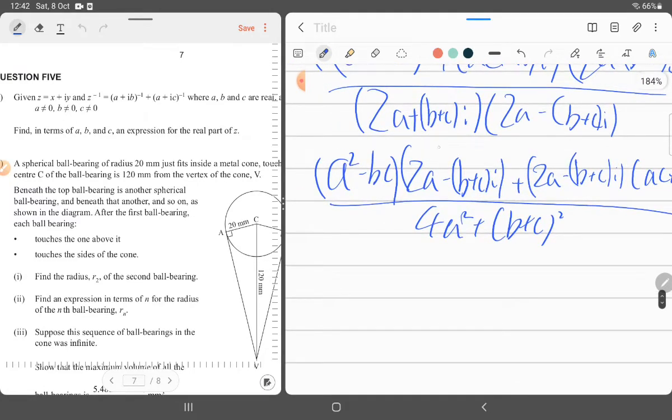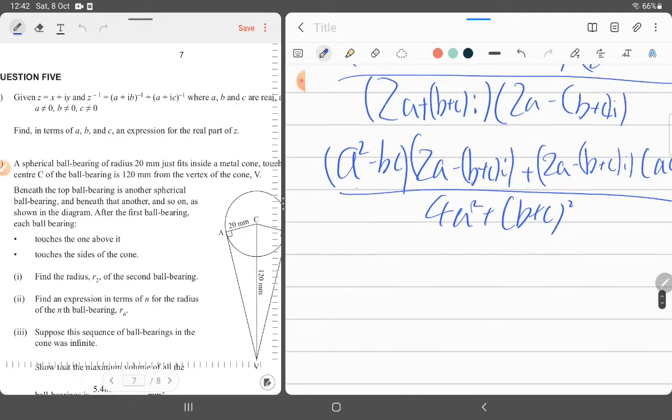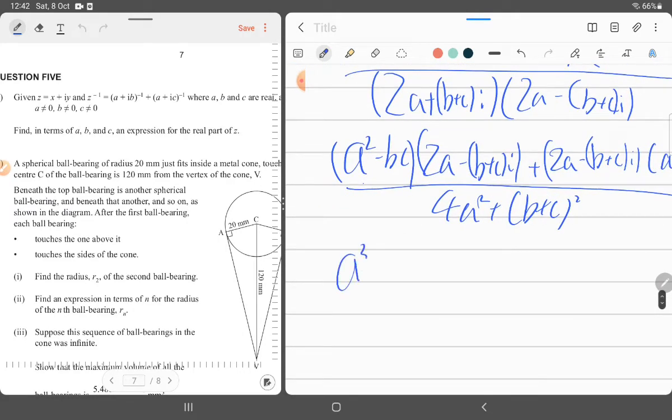So a squared. Anything multiplied by I, I think that's just 2a cubed. 2a cubed. That's imaginary, so we don't ignore that. Then minus 2abc.